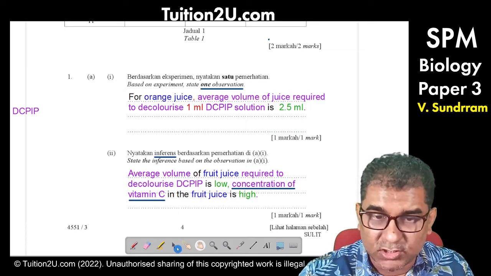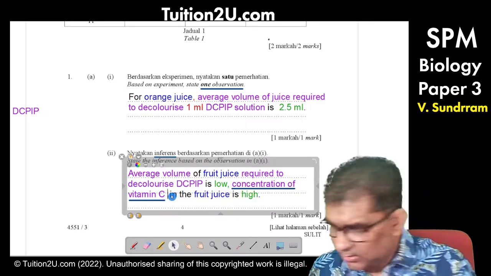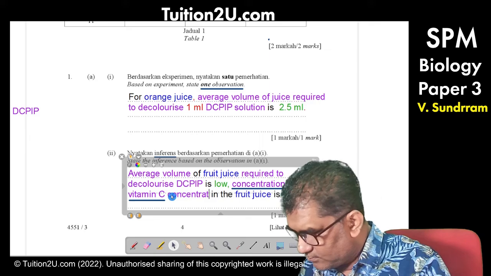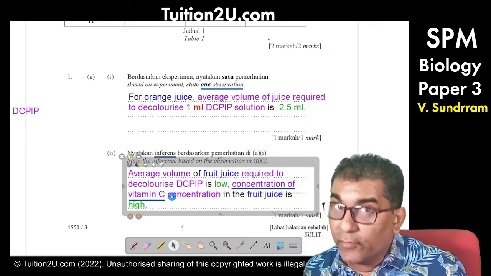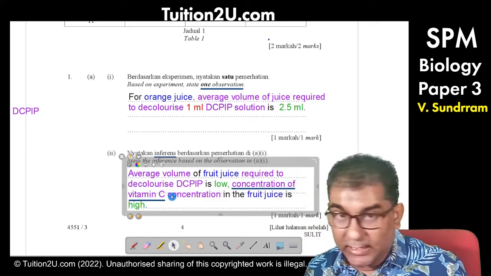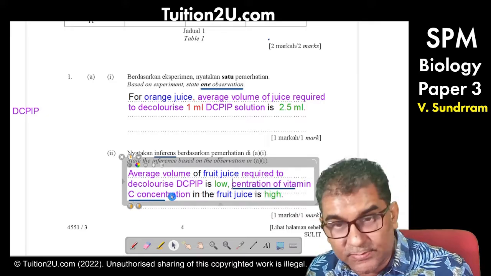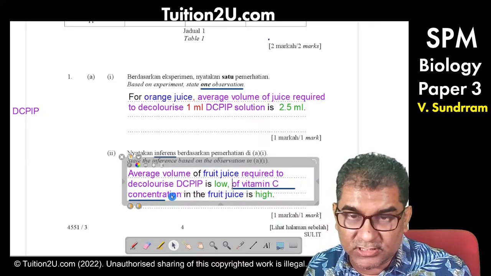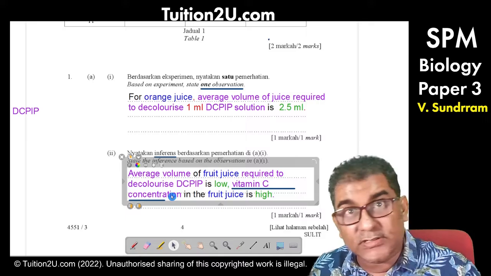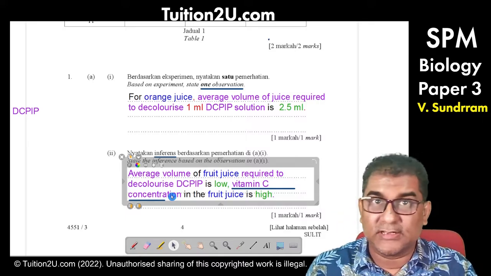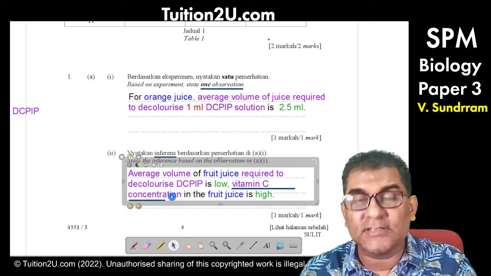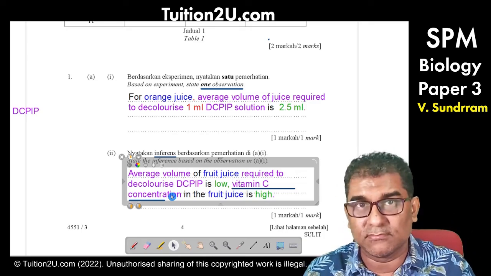It's not concentration of vitamin C, it's vitamin C concentration. We follow what's in the question. So I wrote concentration of vitamin C, and I'm changing it to vitamin C concentration. Why? Because the question has the words vitamin C concentration.